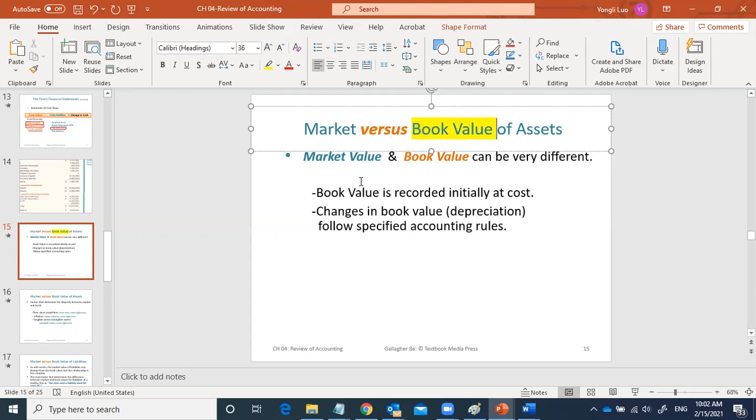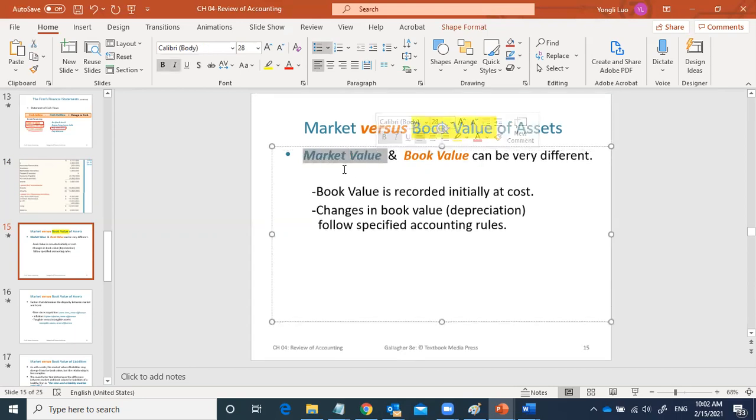On the other hand, you can see the current company's assets, equity, or liabilities are changing every day. And you have the market value. Market value is determined by the market price of the stock. The book value is just recorded initially at a cost.